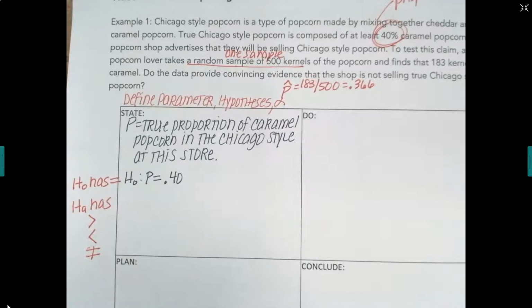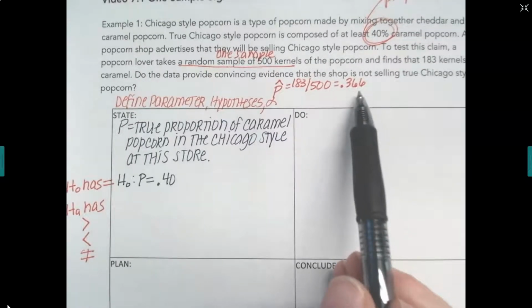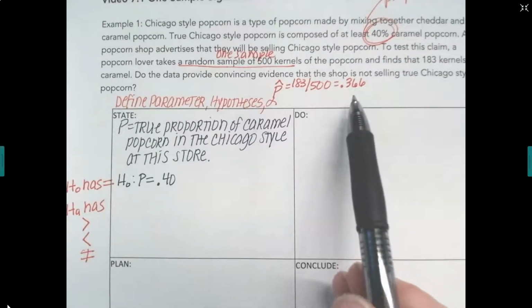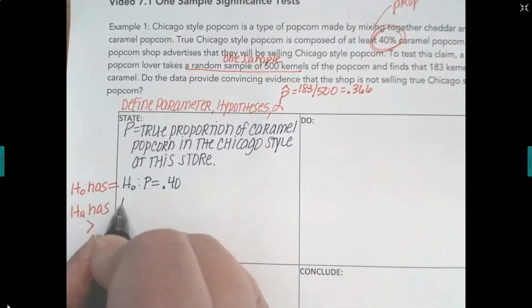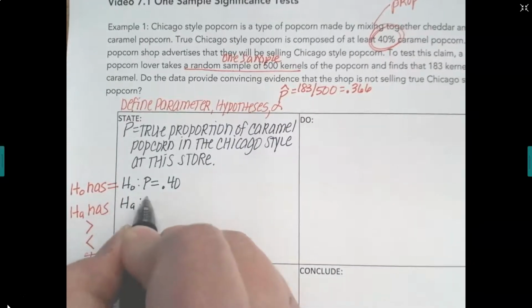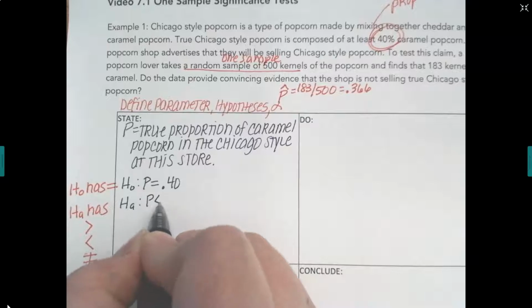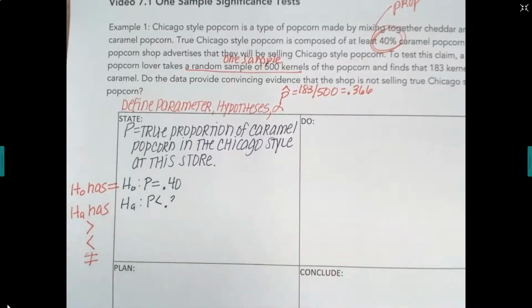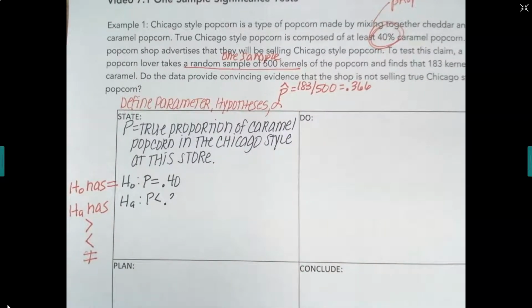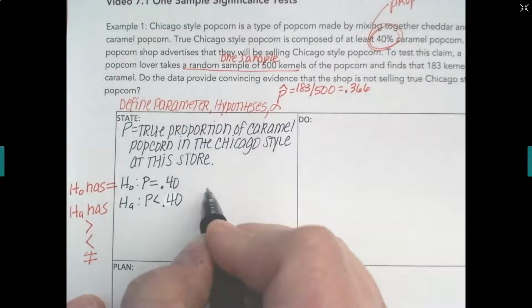So we're not worried about the more than sign. What's really concerning is our sample had less than 40%. Okay, so our alternative here is that the true proportion, this is what we think is going on based off our sample, is less than 40%.